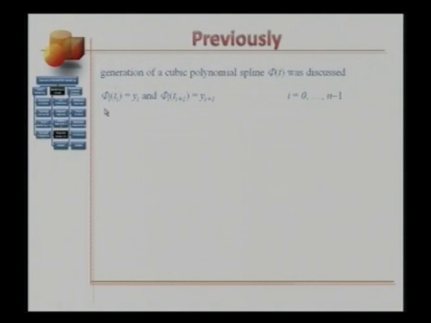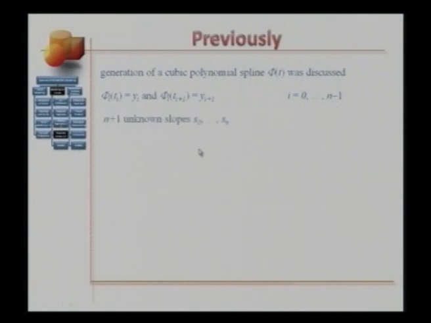Anyhow, so these are individual segments of that piecewise continuous curve. What is known to us is phi i at ti equals phi i, and phi i at ti plus 1 equals phi i plus 1. Once again, i is going from 0 to n minus 1.